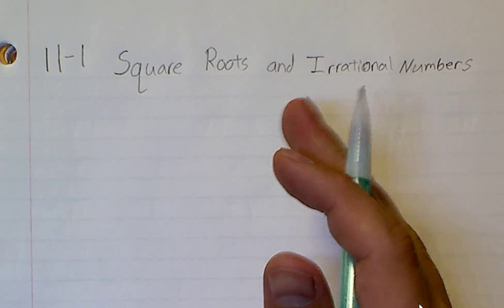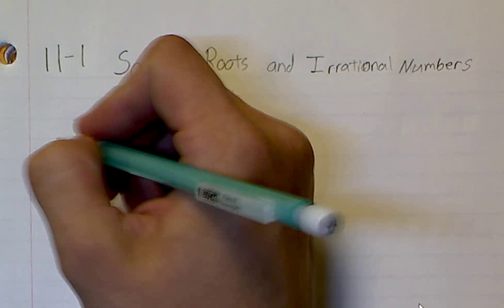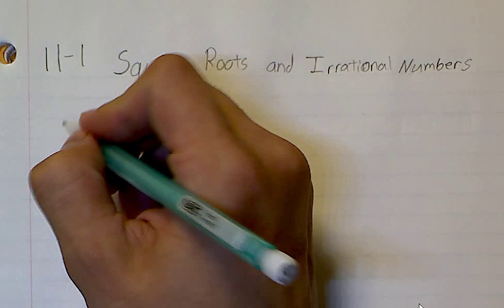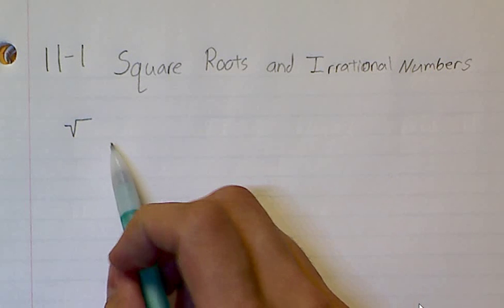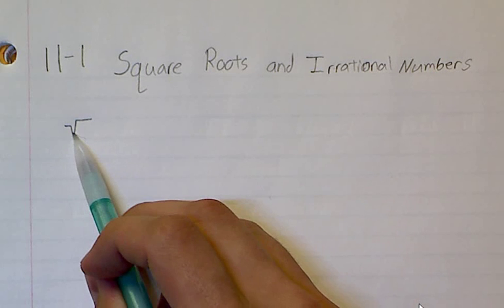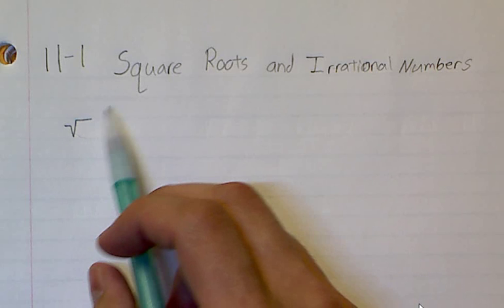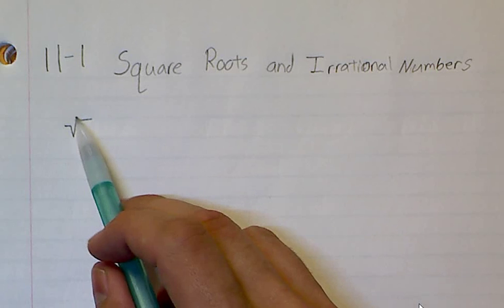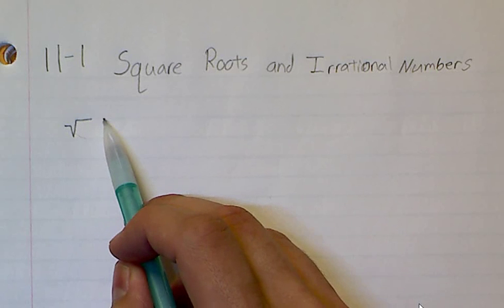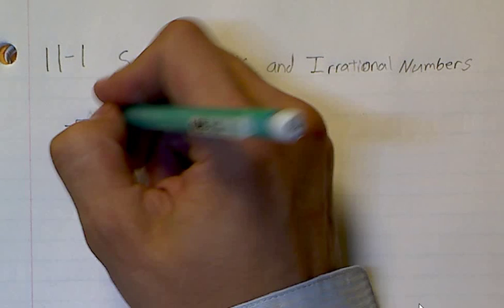So the first half, square roots. What is a square root? Well, this is a square root symbol. This is what it looks like. It's almost like a little bleep on the heart monitor. Now this by itself is nothing.